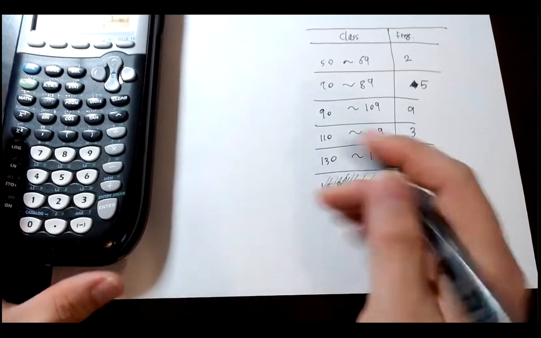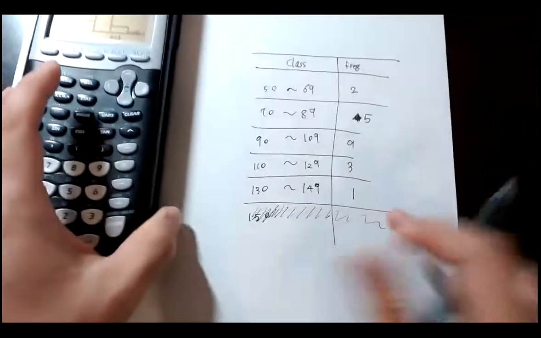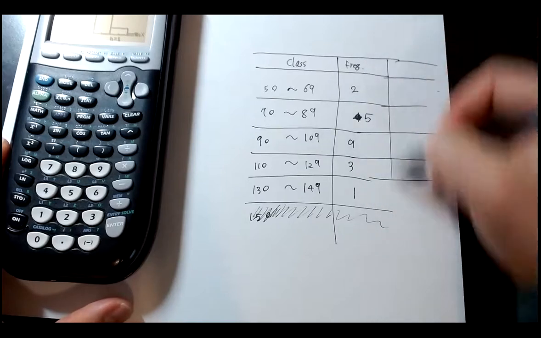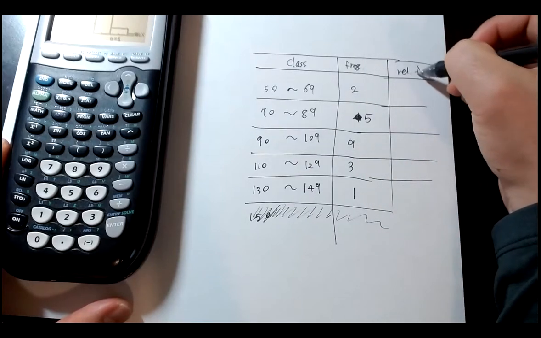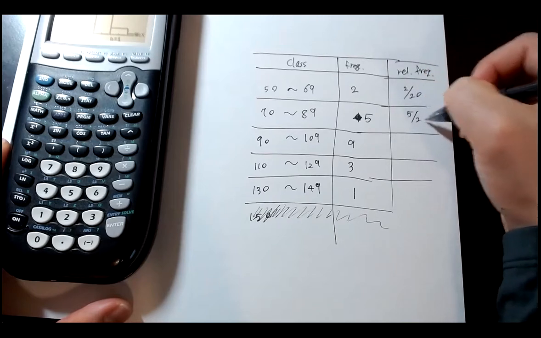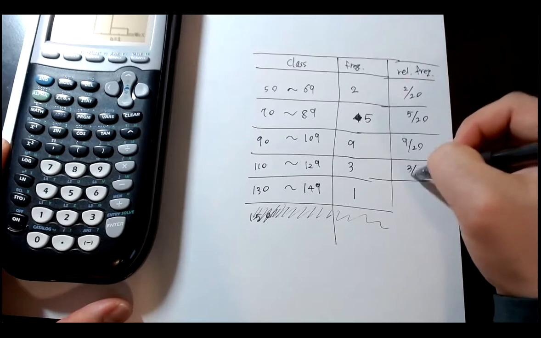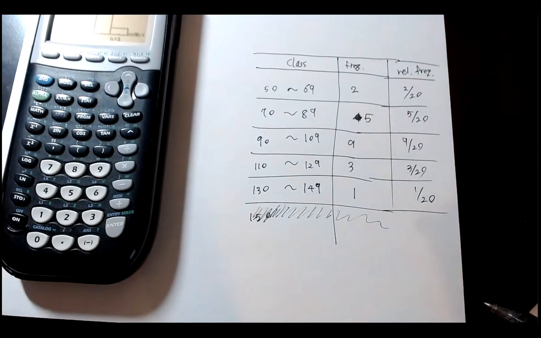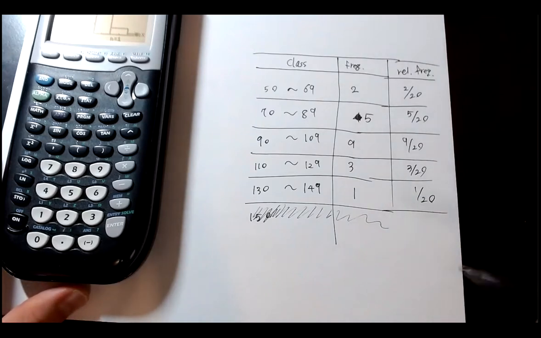First we need to figure out the relative frequency, which is 2 over 20, and then 5 over 20, and then 9 over 20, and then 3 over 20, and then 1 over 20, right? Let me skip drawing the relative frequency histogram by hand.